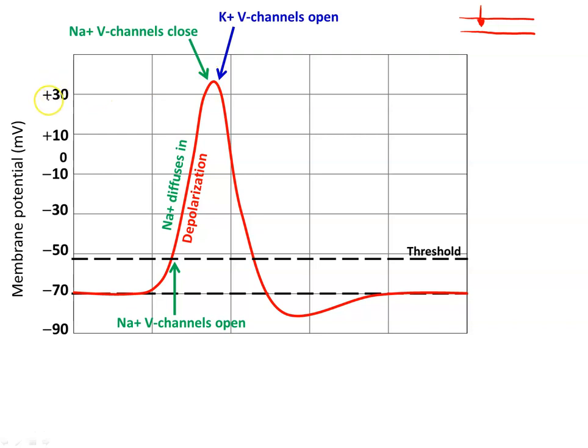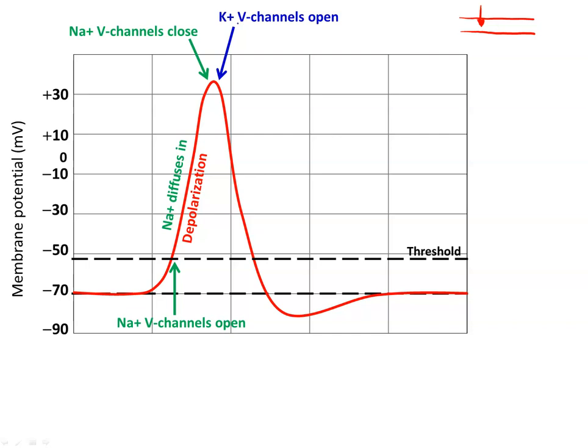Now, at around positive 30 millivolts, guess what? That is the perfect voltage to open up potassium voltage gated channels. And they open up. And guess what? Don't forget the slide before. Memorize that because that's the concentration gradients that are set at resting. Okay.